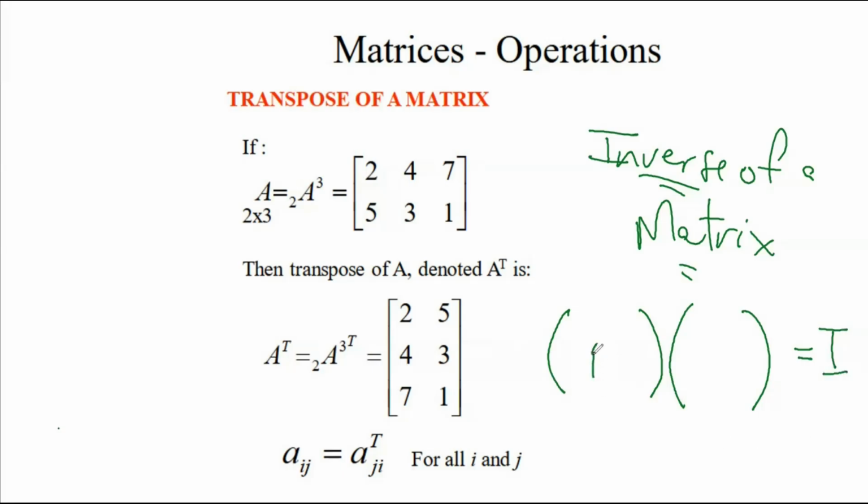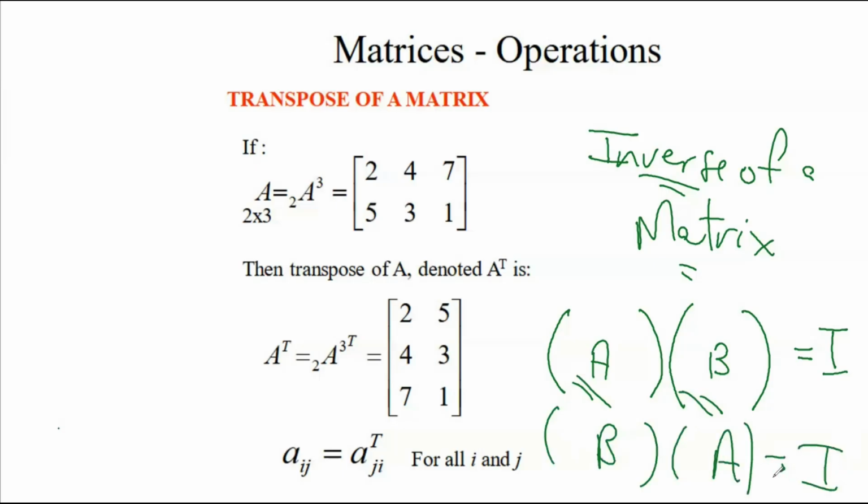Again, this matrix and this matrix are the inverse of one another, right? This is the inverse of that, and that is the inverse of that. And if you do the same here, if you multiply B by A, you'll get back I there, right? It's one of those times when commutativity actually works. So everything you see from here onward is going to be directly or indirectly related to the inverse of the matrix. I just want to mention that at the beginning.